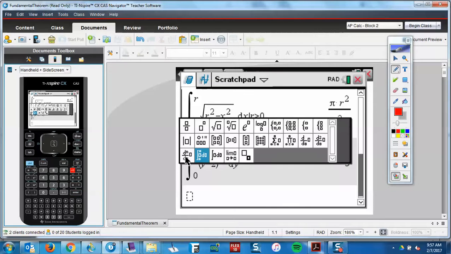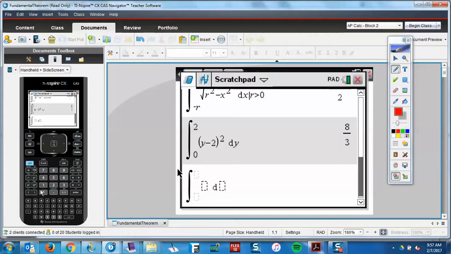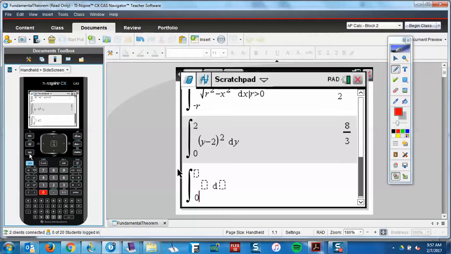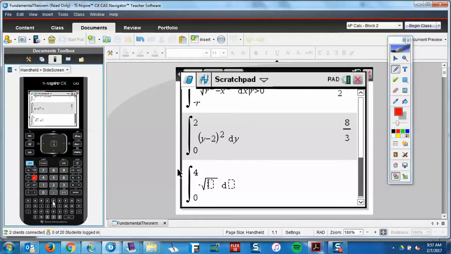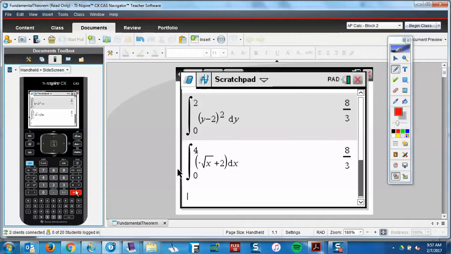And it should be no surprise that if I type in the other version, which went 0 to 4 of negative root x plus 2 with respect to x, that's also 8/3. Kind of cool. It's just looking at that area in two different ways, but it's still the same piece of area. Okay, so we get the same answer.